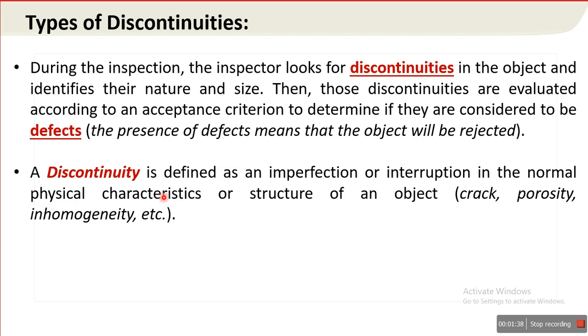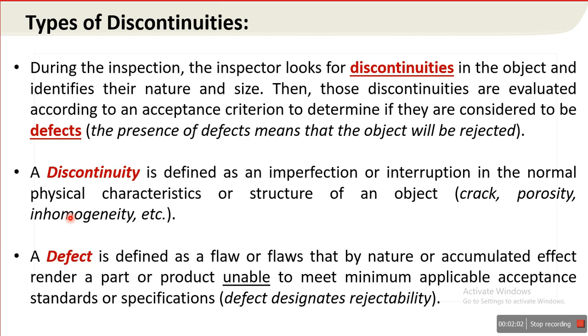Discontinuity is defined as the imperfection or interruption in the normal physical characteristic or structure of an object. It may be a crack, it may be a porosity, it may be an inhomogeneity, whatever. So whatever disturbance in the characteristic of the component, it is called a discontinuity.